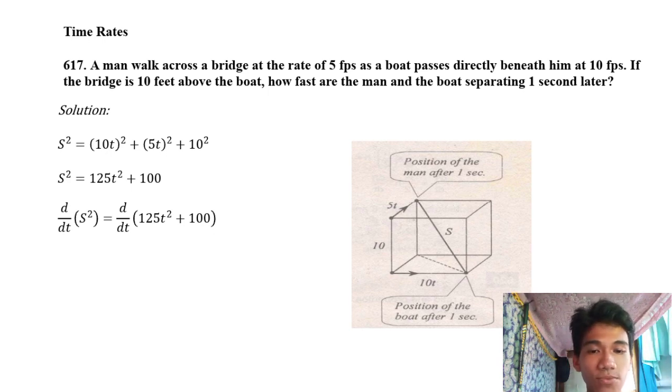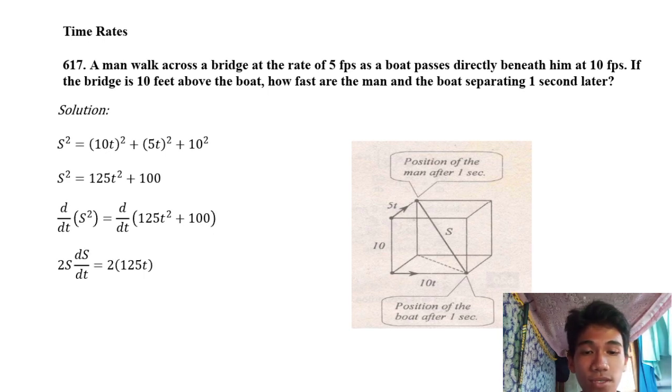So since with respect to time man ang s squared, we have the derivative of 2s ds over dt. Then ang derivative of 125t squared plus 100 is just the 2 times 125t. Since ang 100 man ang 100 is constant, so zero na siya.